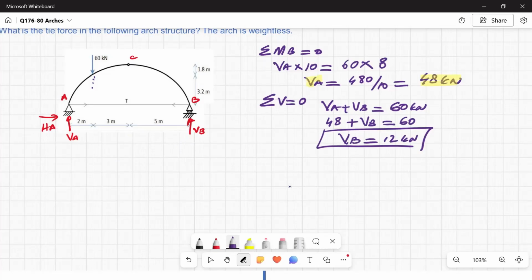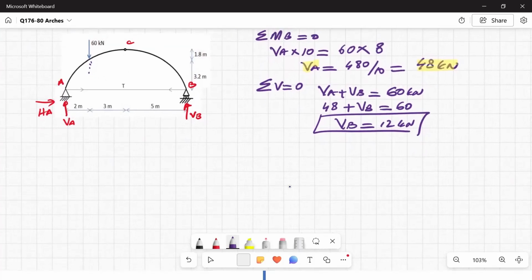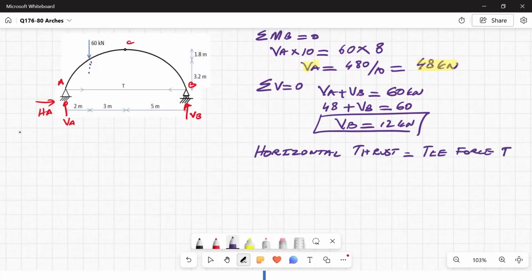And let's find out how we can find out this tie force. And I'm taking the right side where we don't have any loading. So horizontal thrust is equal to tie force T, and I'm taking the right side of the structure.